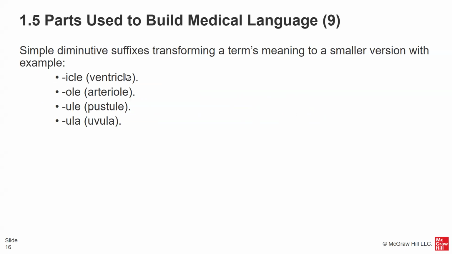And then they can also tell us what's wrong with the body part, or sometimes deal with the size, as you see here, the suffix icle, cule, ole, or ule. These all mean small ones. So a ventricle, an arteriole, a small artery, a pustule, a small fluid-filled pimple, okay, meaning small.